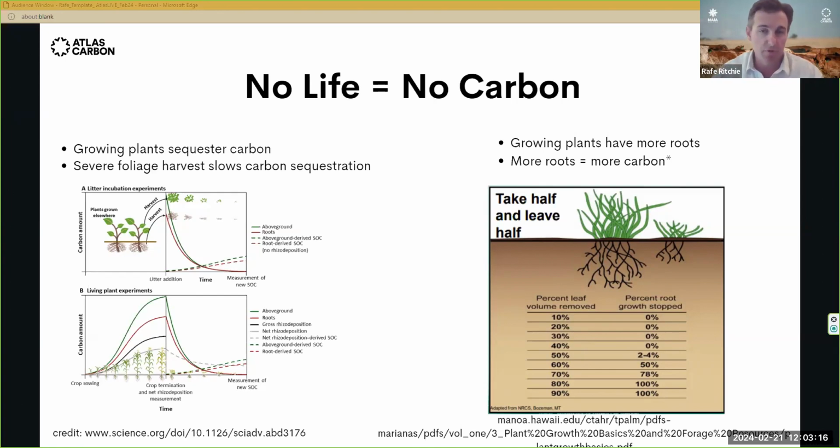We need growing roots to put carbon in the soil. So if you want to keep those roots growing, you've got to keep that harvest rate below 50%. And we're talking pasture plants here. There are obviously different numbers for different types of plants, but that's a really important one, and one that can be put on the fridge if you want.